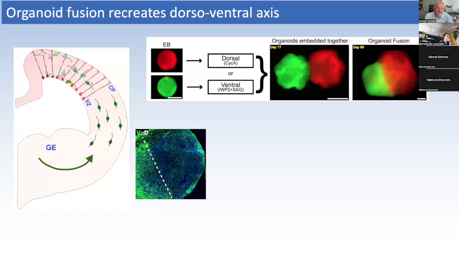And so pure dorsal and pure ventral are put together into one droplet of Matrigel, and over time, they completely fuse together. And what you can see here in this fusion, where we have labeled interneurons only on the ventral part, but not on the dorsal part, is that these interneurons will then migrate into the dorsal part.